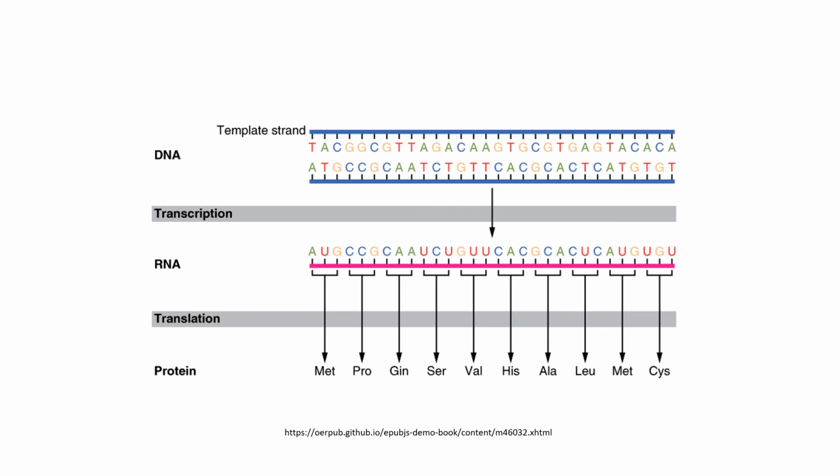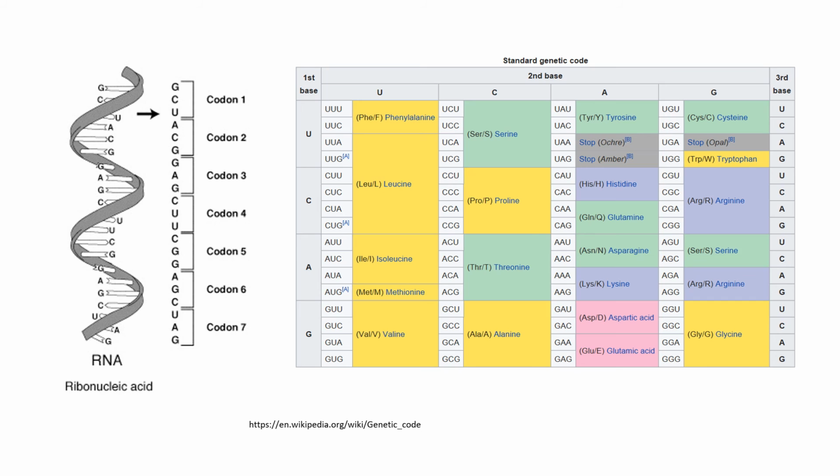Each three-letter word corresponds to a specific amino acid, to one bead on the necklace that makes up the protein that we discussed earlier. Okay, so let's do a quick recap to end this lecture.